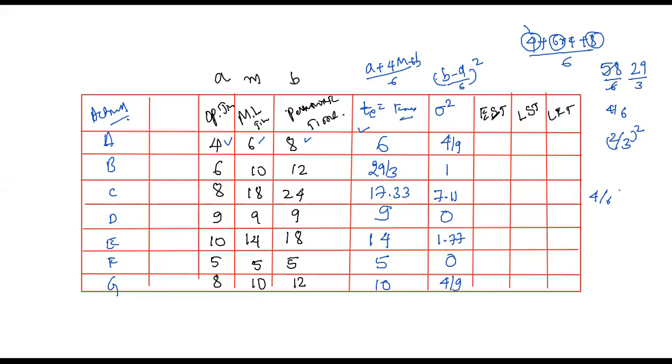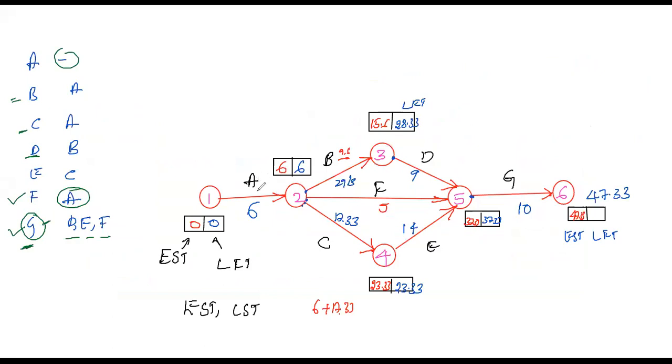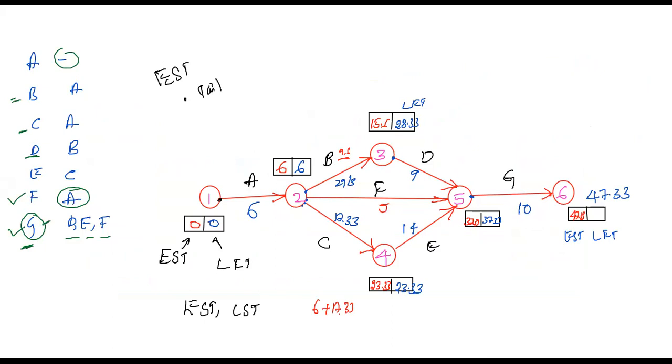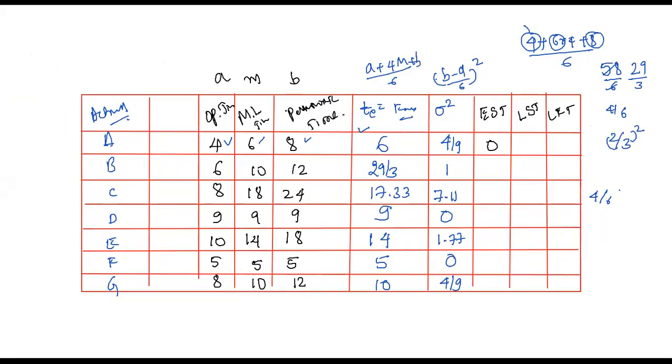So let me identify the EST values. EST, for these values, note that for EST and LFT we need to consider the tail. EST will be at the tail. Consider the value at the tail. Okay? So for activity A, at the tail the EST is 0. So the value will be 0.